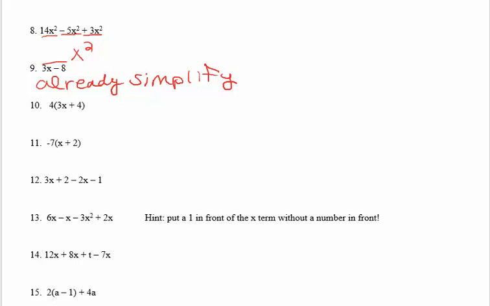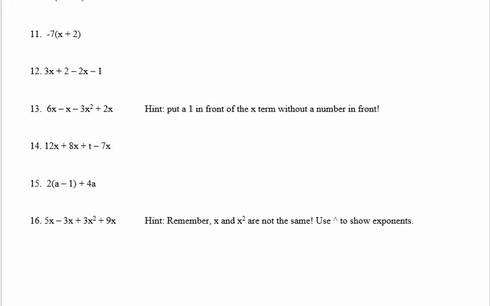Let's look at number 15. In 15, we're going to use the distributive property first, and then we'll combine like terms. So we have 2 times a. We can just write that as 2a. Now there's a minus sign, so I'm going to write a minus, and then 2 times 1. Now you can write 2 times 1, or you could do that in your head as you write it.